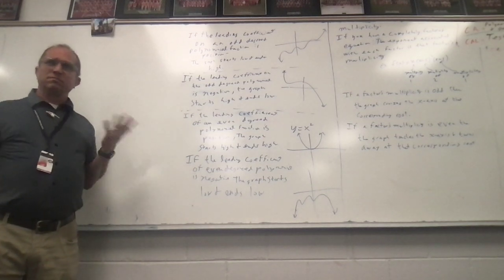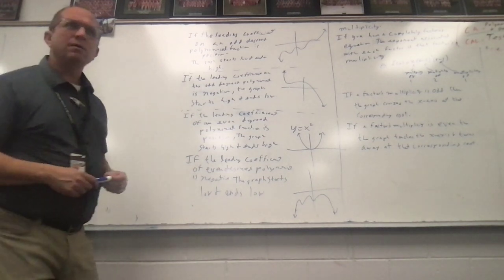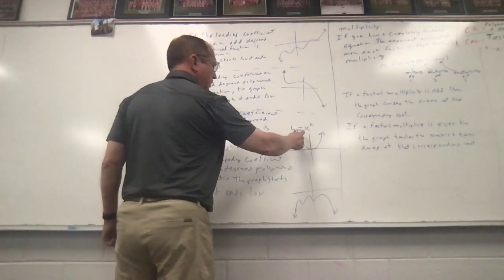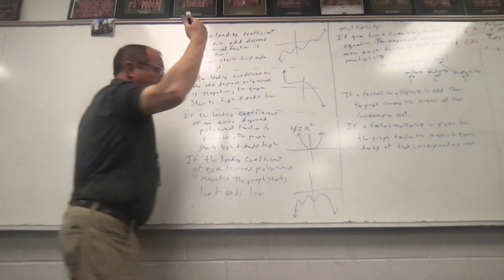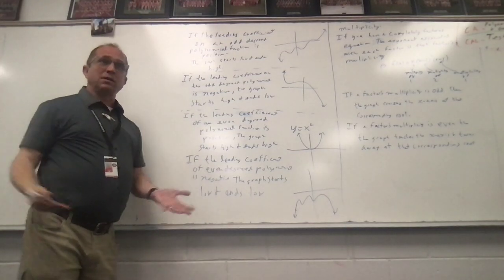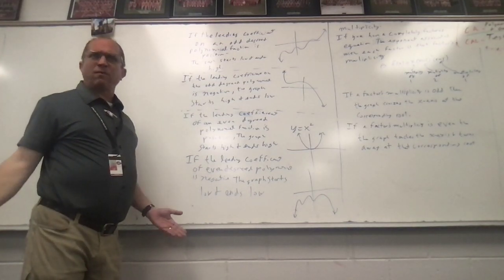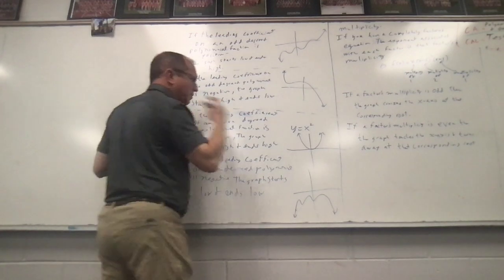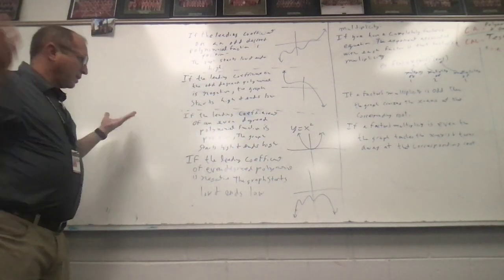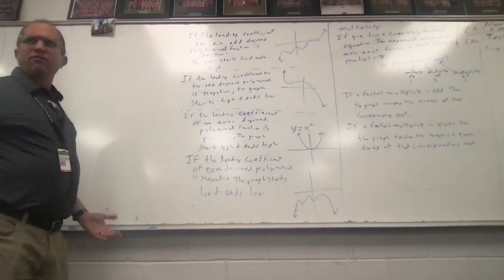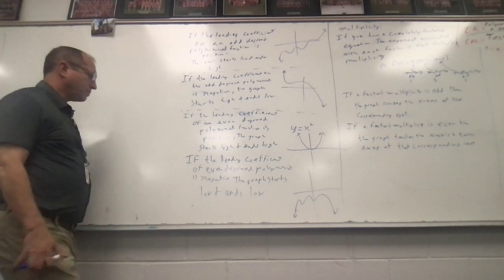That is a parabola, right? What did you learn in the past? If the leading coefficient is positive it opens up, if it's negative it opens down. Well, that's the same thing as saying it starts high and it ends high. So that's nothing new, just a different way of phrasing it.